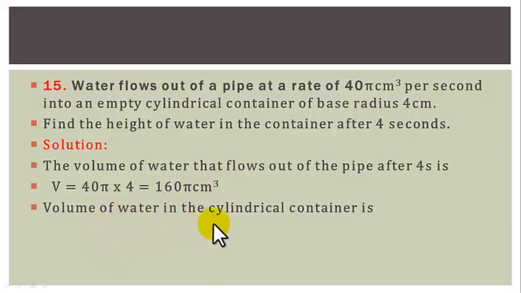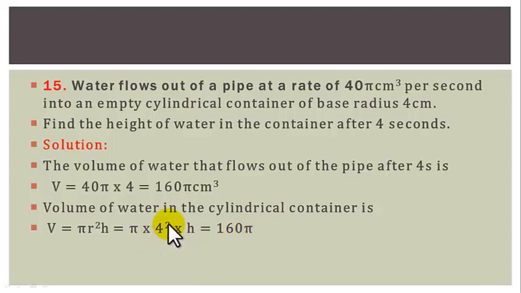Volume of water in the cylindrical container is V equals pi r squared h, where r is the base radius and h is the height of water in the container. Since r is 4, this will give us pi times 4 squared h equals 160 pi.